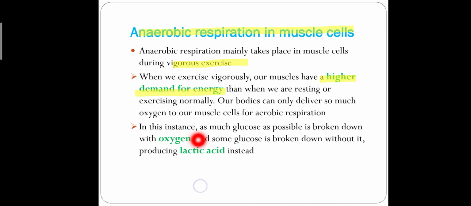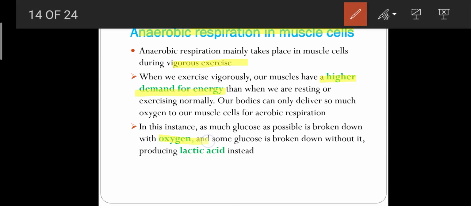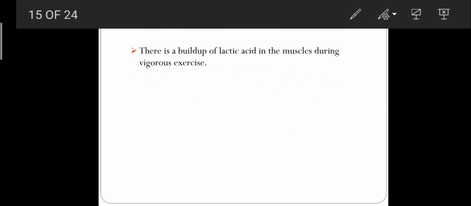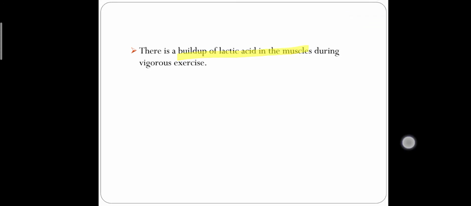In this instance, as much glucose as possible is broken down with oxygen, and some glucose is broken down without it, so it produces lactic acid instead. So when a person is exercising hard, there is a buildup of lactic acid in the muscles.